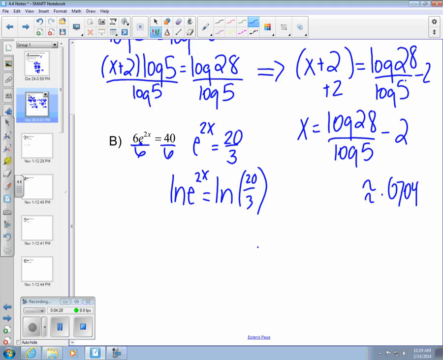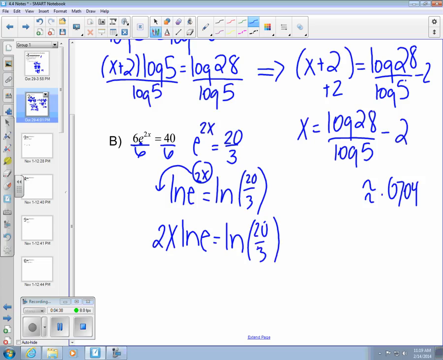All right, so the next step, we have our power. I'm going to bring it down. So we have 2x, natural log of e, is equal to the natural log of 20 over 3. And the natural log of e is equal to 1. So side note, natural log of e is equal to 1. That's why we use the natural log when dealing with base e. So we're going to have 2x times 1 is equal to ln of 20 over 3.